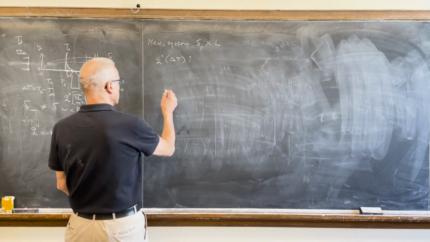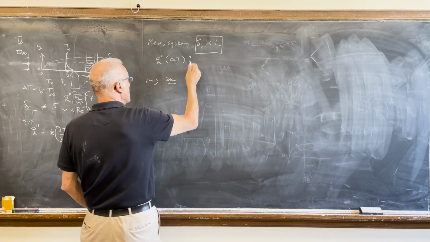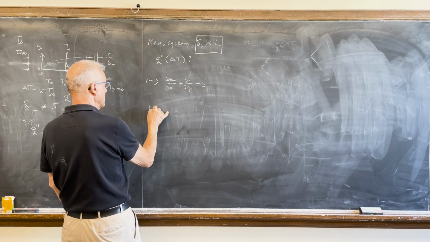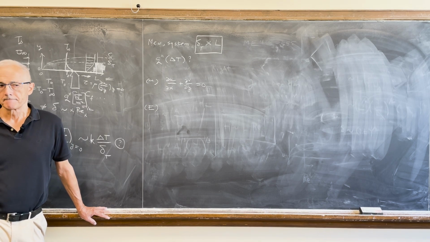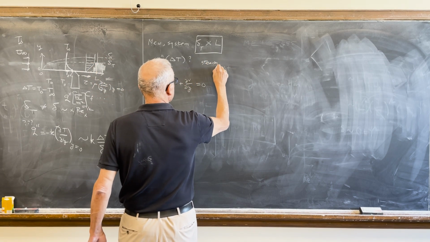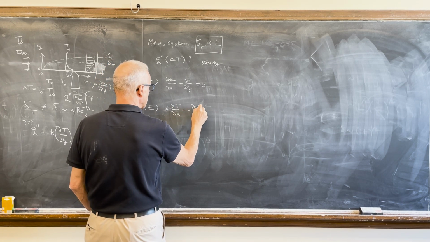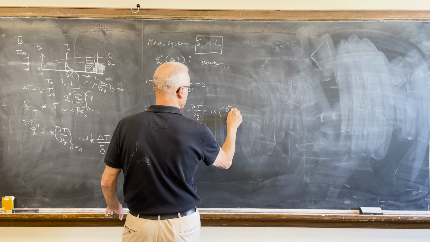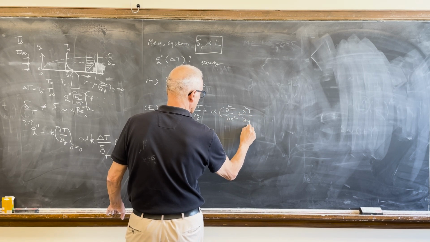So scale analysis, first the equations we use would be mass conservation in this region, du dx plus dv dy equals 0, and the equation that appears now for the first time is the energy equation, which in steady state is u dT dx plus v dT dy equals alpha times d2T dx2 plus d2T dy2.